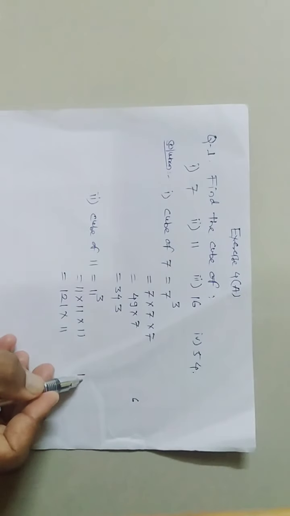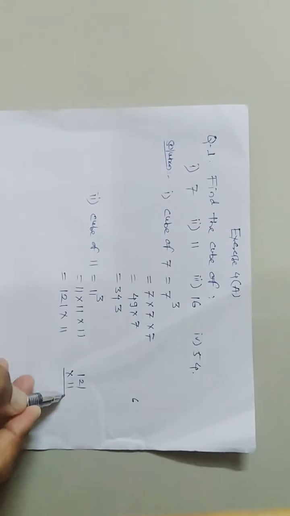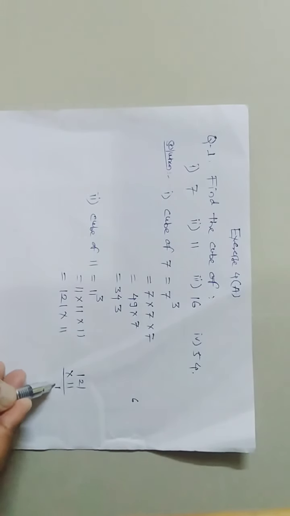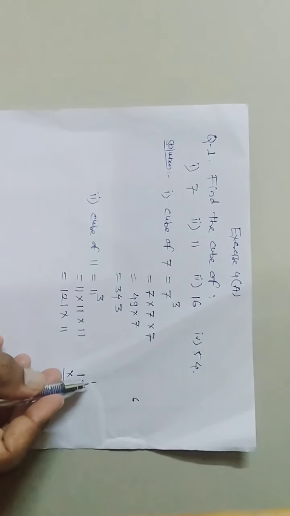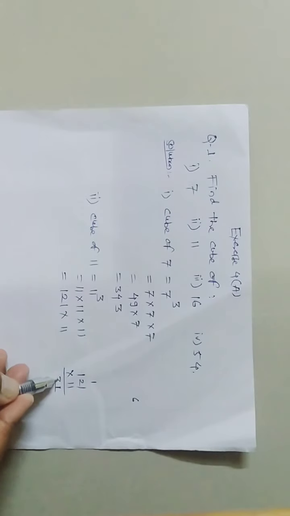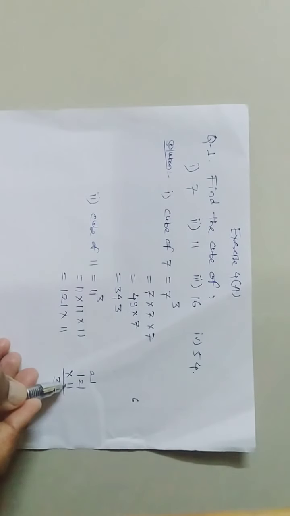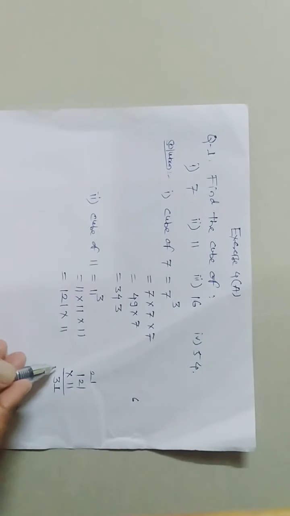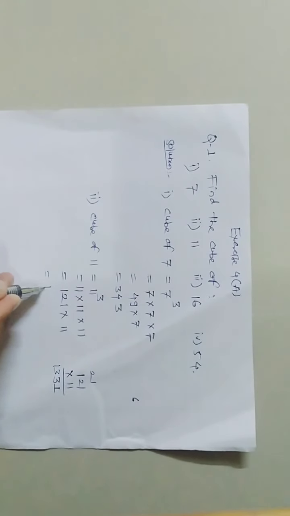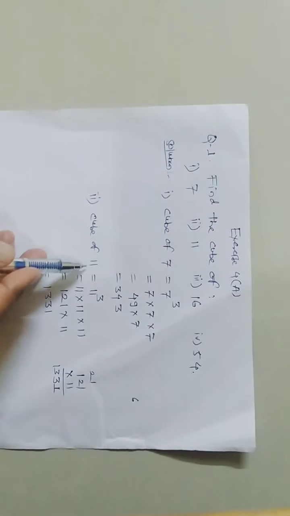I'll do the product here. 121 multiplied by 11. 11 ones are 11, 1 carry. 11 twos are 22, 22 plus 1 is 23, 3, then 2 carry. 11 ones are 11 plus 2 is 13. So 1331. So cube of 11 is 1331.